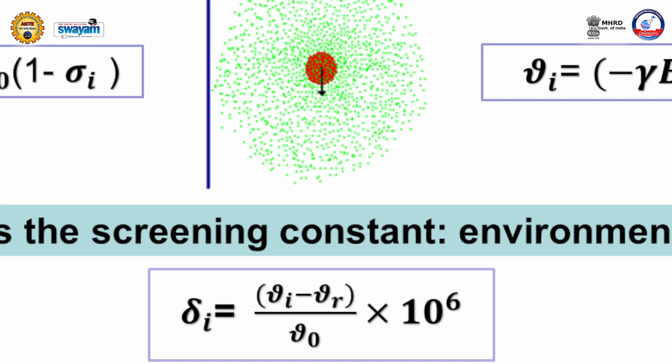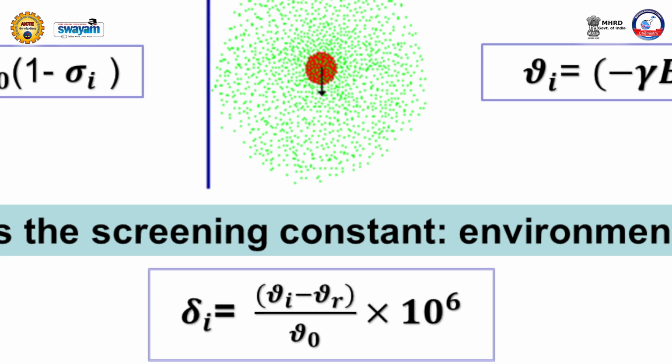If I supply energy corresponding to the separation between the two energy levels, then there will be resonance absorption of energy, given by nu_i, the frequency of absorption, which is proportional to minus gamma B_i divided by 2 pi. Sigma_i is called the screening constant, and this reflects the environment the particular nucleus is in.